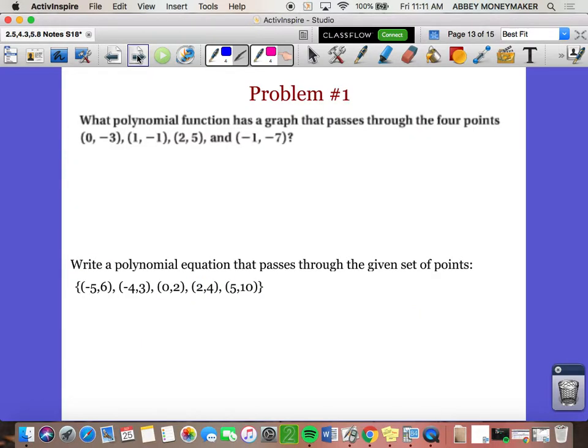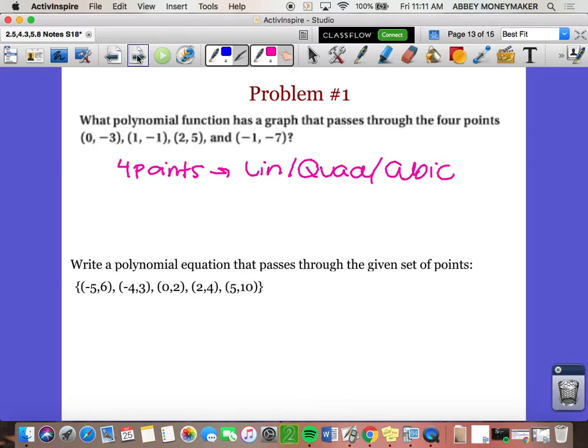Now, for the sake of time, let's just talk about it. Okay? How many points do you have here? 4. You got 4 points. So what are your options? Linear, quadratic, or cubic. Can I run a quartic? No. Okay.